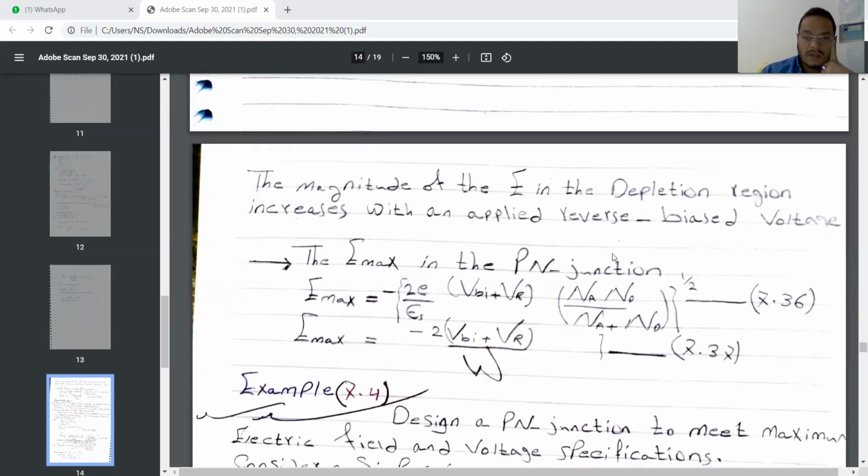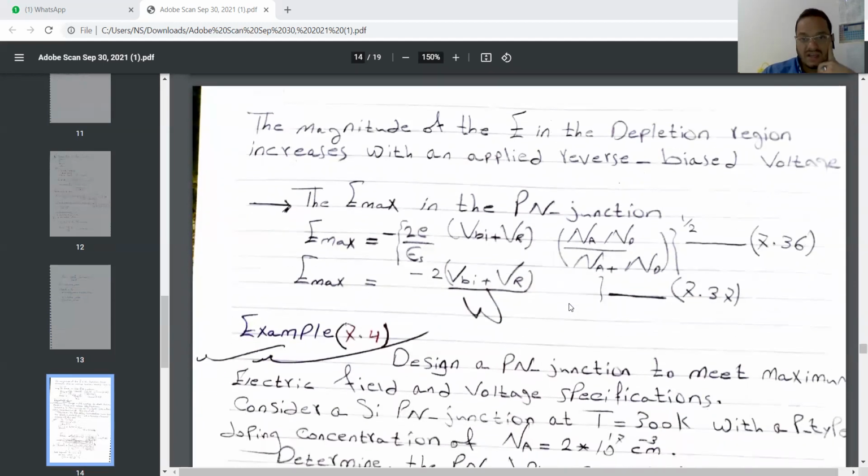Now exercise 7.4 will talk about how we can calculate the maximum electric field in the p-n junction by using equation 7.36. Emax equal -2 electron charge divided by permittivity, built-in barrier potential plus reverse bias voltage, between two brackets the concentration of donors divided by Na plus Nd, all these brackets to the power half.